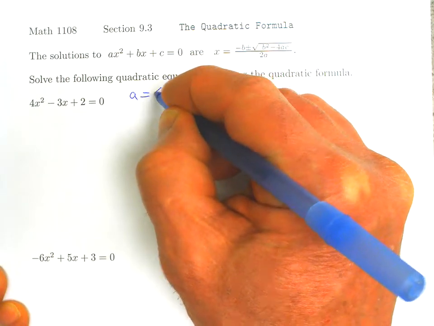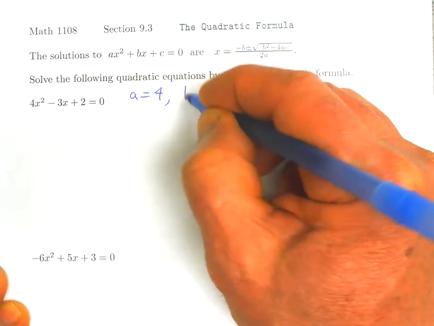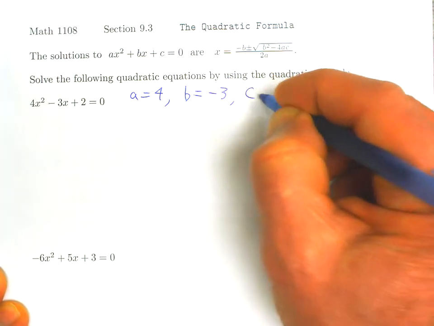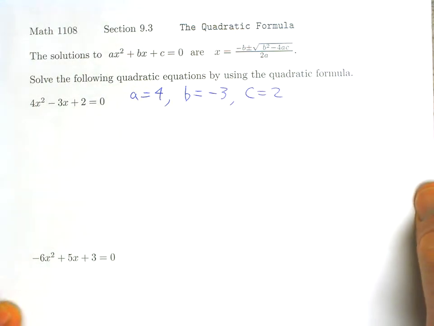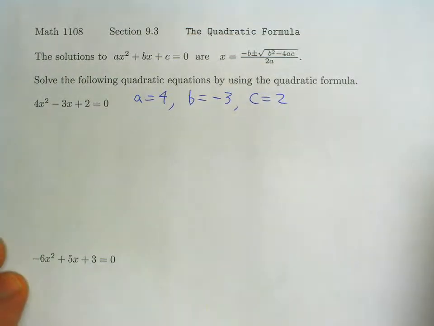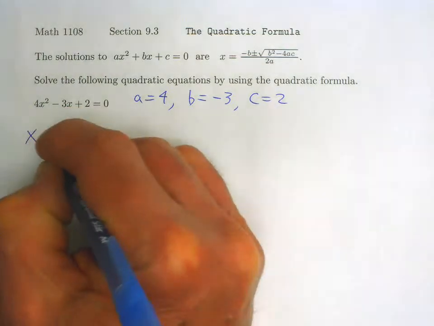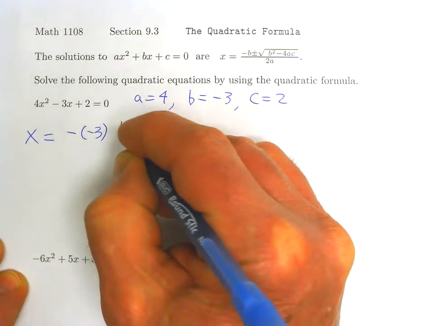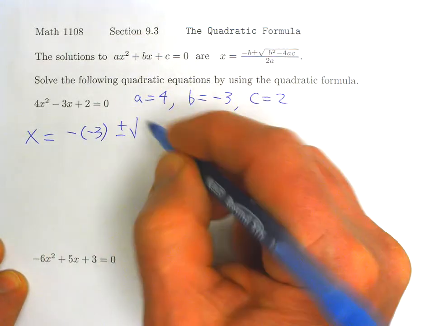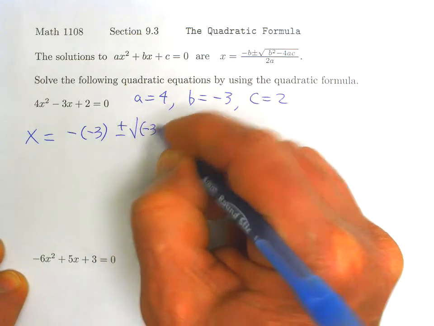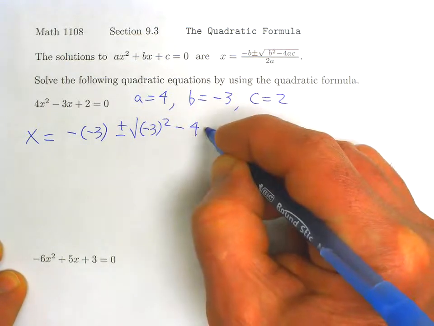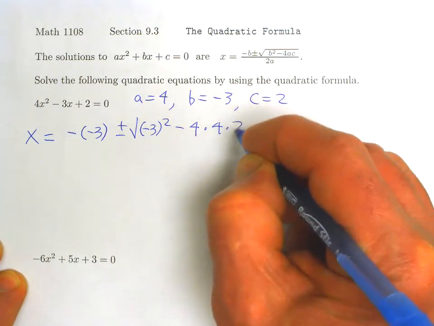So a is 4, b is negative 3, and c is positive 2. Okay, so x equals the negative of negative 3 plus and minus the square root of the number negative 3 squared minus 4 times 4 times 2.